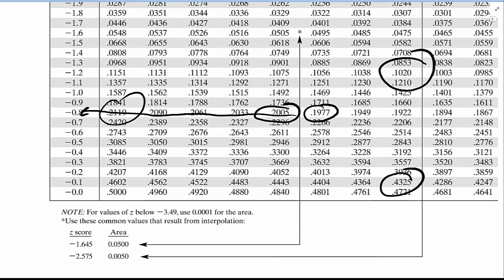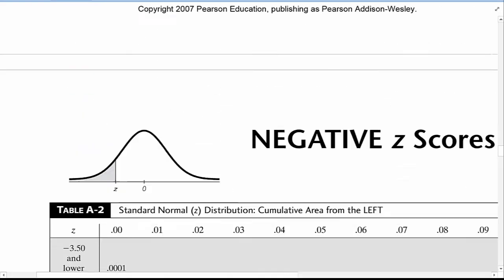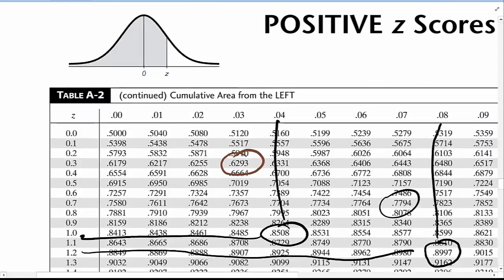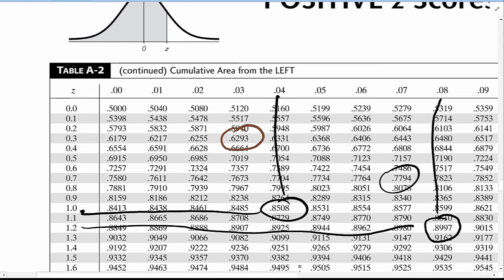Let's find out what that is. I go to the positive table, 0.67, let me see, 0.60, 2, 3, 4, 5, 6, 7. That's 78. Let me see, so I see that clear.